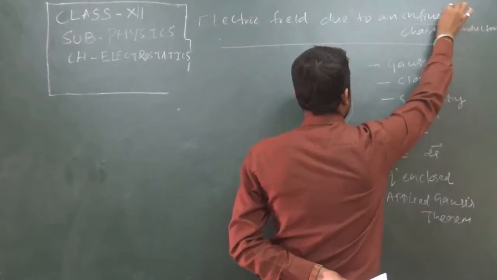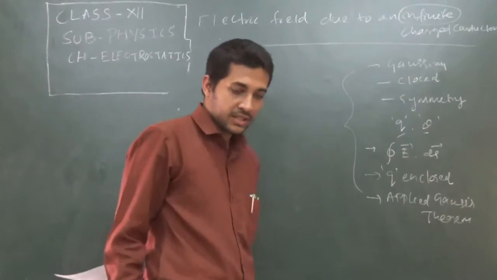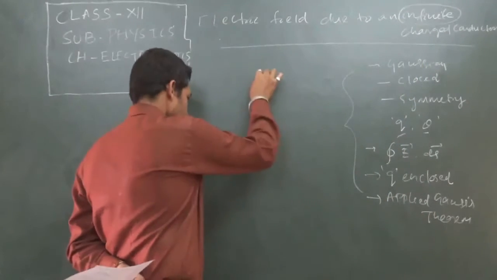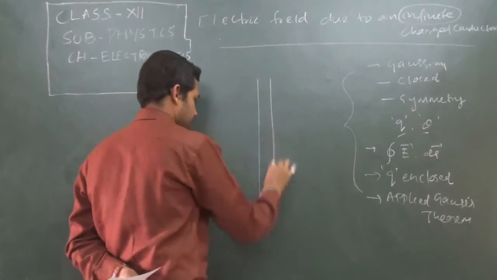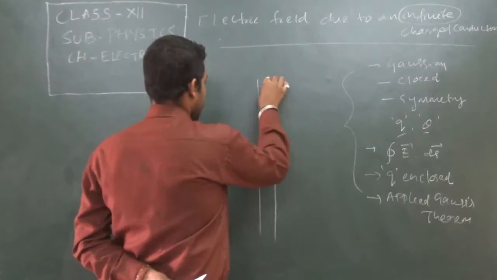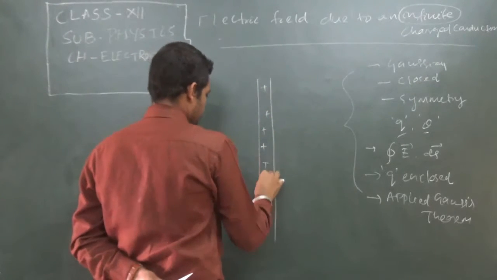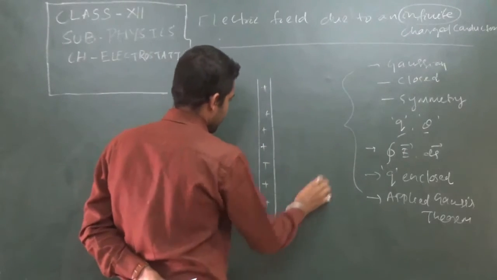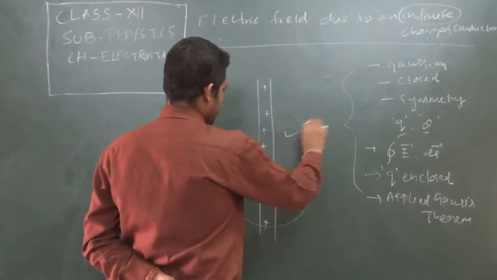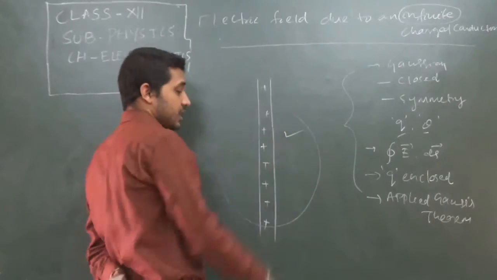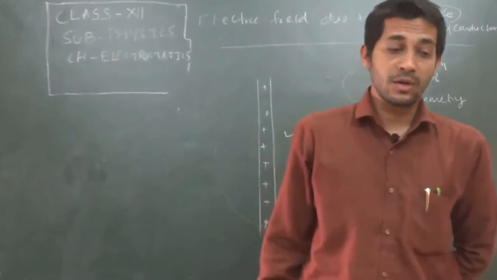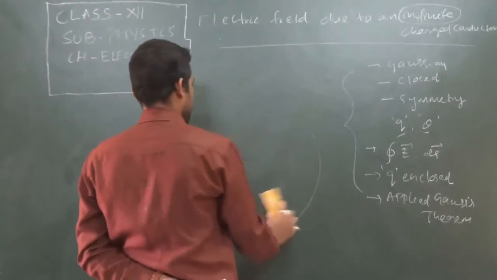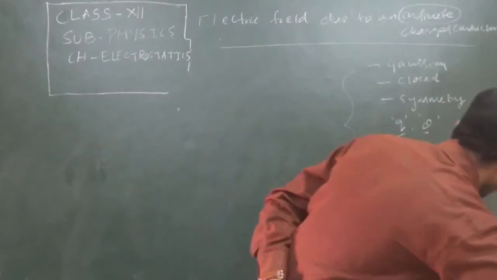See, when I say infinite, it doesn't mean that the length will reach up to minus or plus infinity. It's like this: if I consider any conducting body which contains certain charges, and we are talking about some region, and this region as compared to the whole length is much smaller. Like a small example: consider this whole board. This whole board has a particular area.